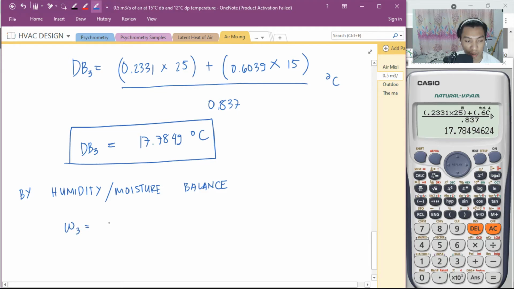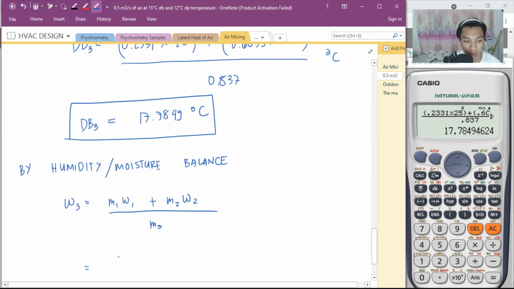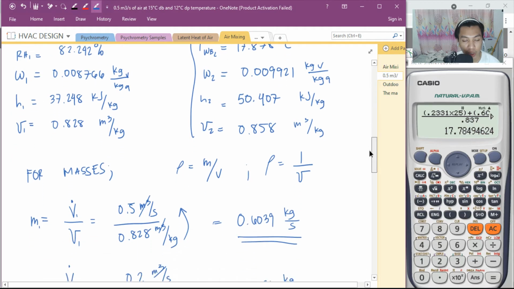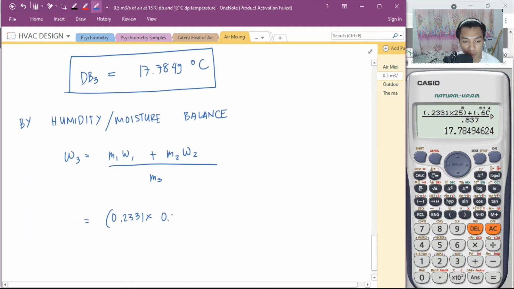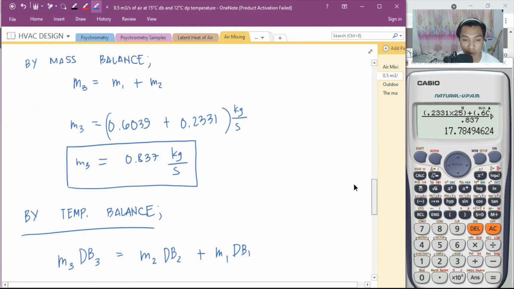Tapos yung mass 1, omega 1 plus mass 2, omega 2 divided by the mass of the mixture, M3. O, M1, palitan mo na lang dito. 0.2331 multiplied to 0.008766, plus M2. What is M2?